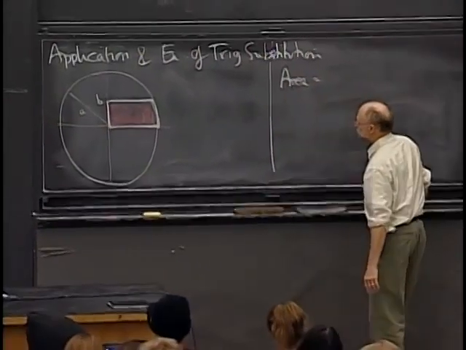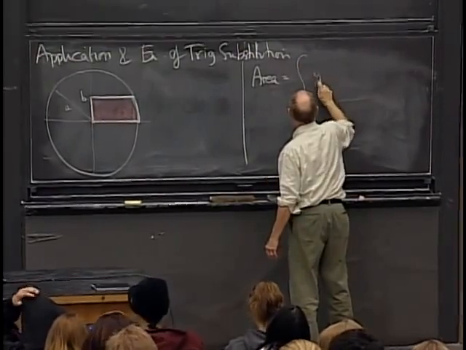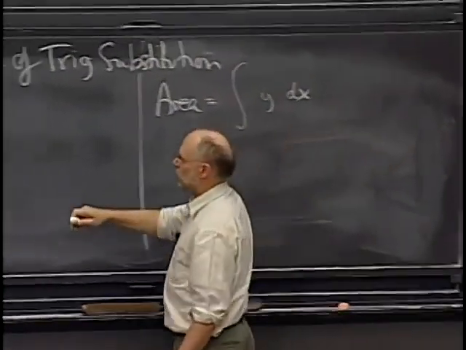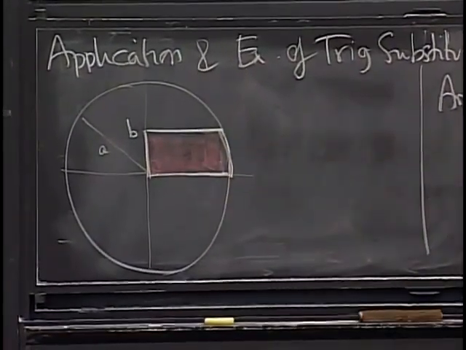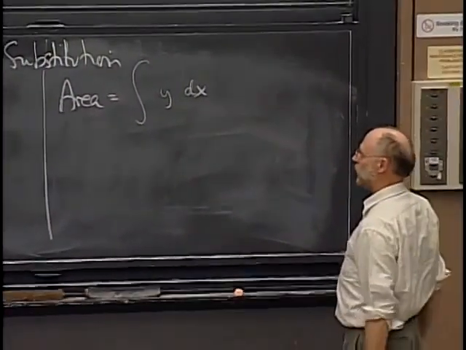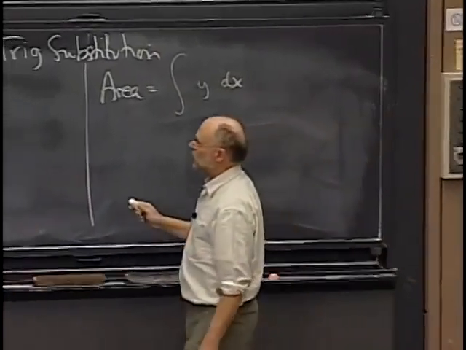well, one way to compute the area would be to take the integral of y dx. I think you've seen the idea of splitting this up into vertical strips whose height is given by a function y of x, and then you integrate that. The area is given by y dx.